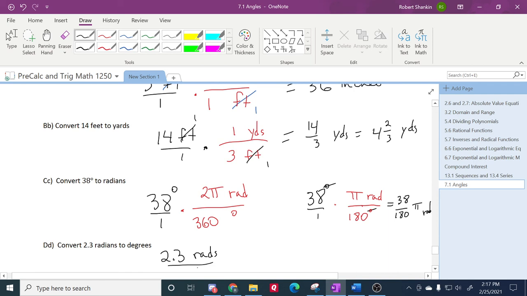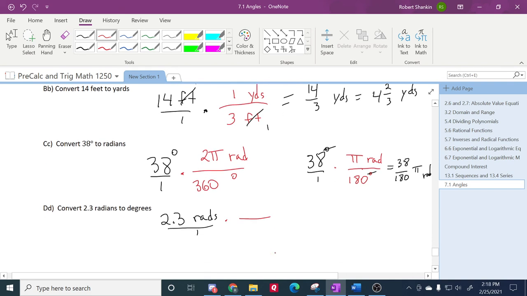And so the last one, 2.3 radians. We need to convert that. So we need to get rid of radians. We need to make it become degrees. I can do 360 and 2 pi, or I can do 180 and pi, as long as these two are equivalent.